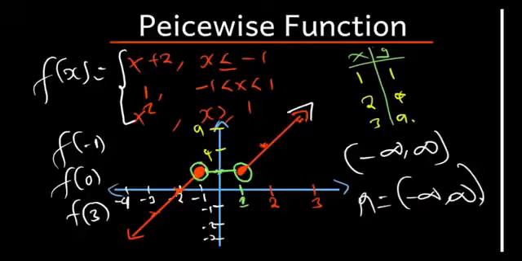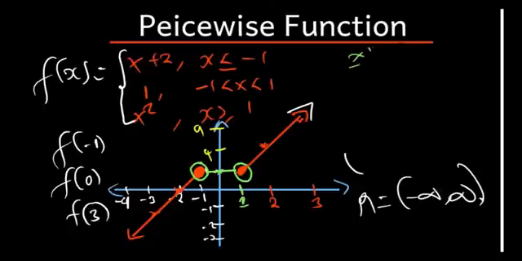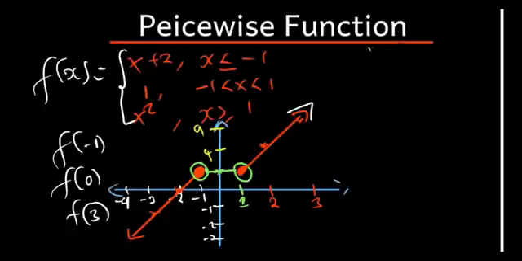Now the next question we have to ask ourselves is, what if we want to find f of negative 1? How are we going to find that? From these equations which we have here, we're going to choose the one which is telling us that x is equal to negative 1.